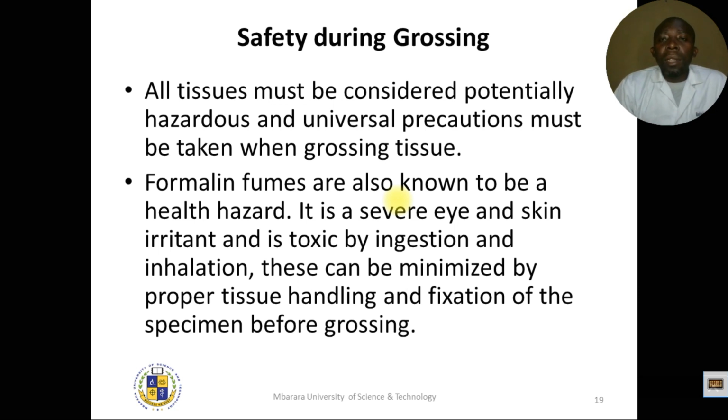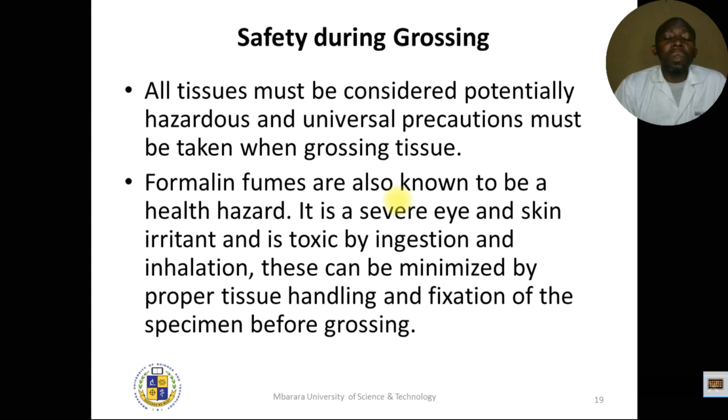So we need to look at safety during the process. You remember we are dealing with corrosive chemicals, we are dealing with fumes, we are dealing with formalin, and then we are handling sharps which can easily cut. And again, we are handling infectious specimens. Remember, we are having tissues from possibly sick patients.